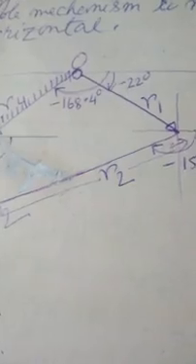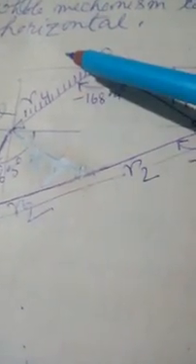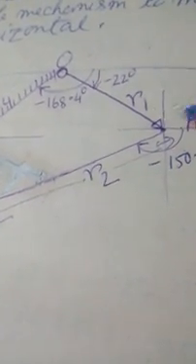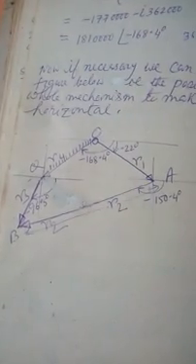Now we can make this one as a horizontal, there is no problem. So you can rotate it, no? To make it horizontal. You can rotate it in clockwise, all angles will be rotated. This is the figure. Okay.